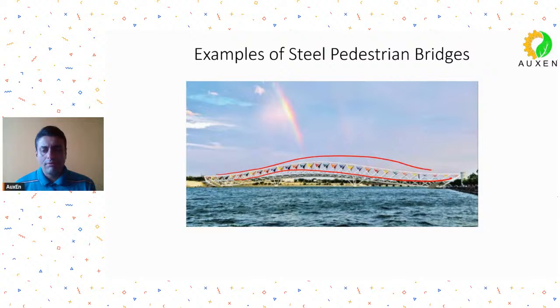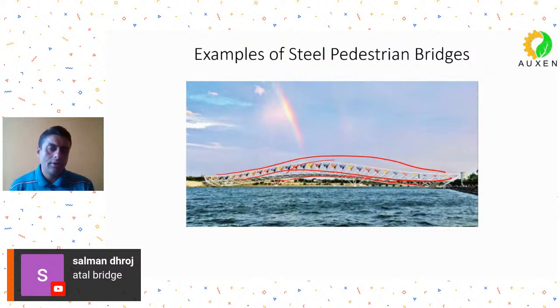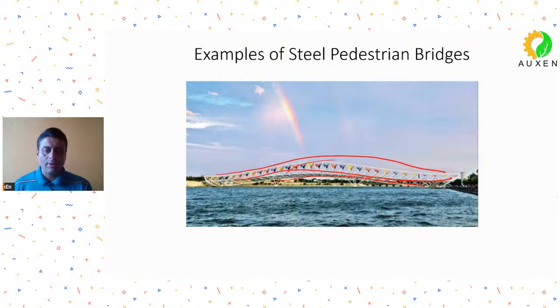They have taken a three-member element, two elements at the bottom, one element at the top. So the cross section is sort of a triangular cross section. Yes, the Atal Bridge, they call it, at Ahmedabad, right? So a very interesting looking cross section they have taken, and they have taken it in hollow sections. So hollow sections have been used for this bridge, and you will see the support system over here.